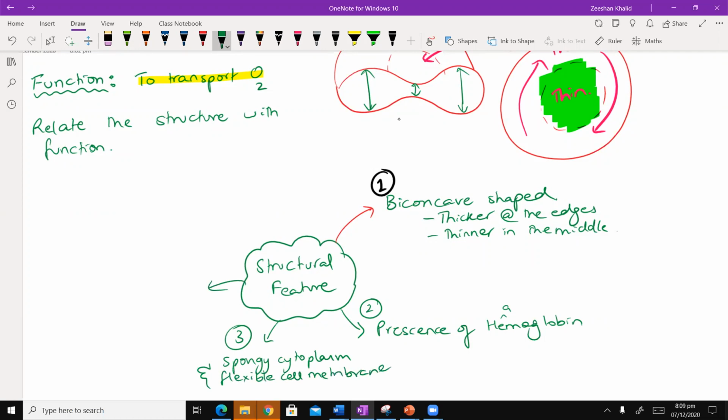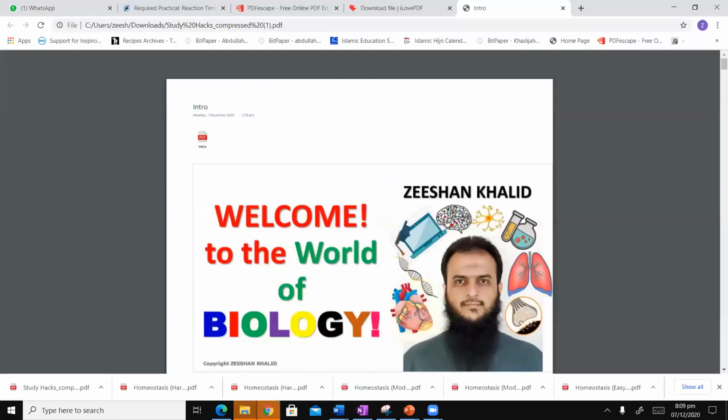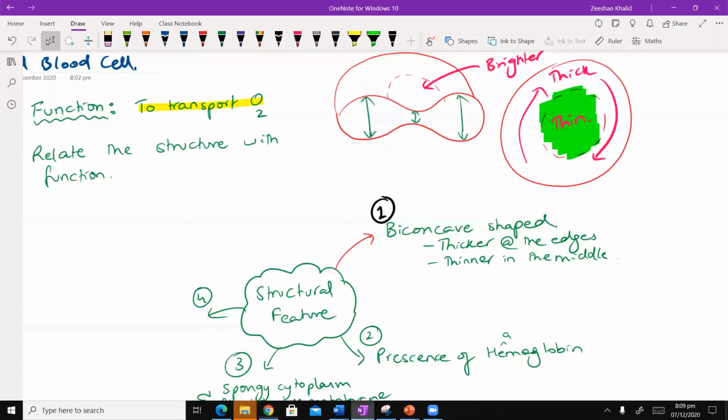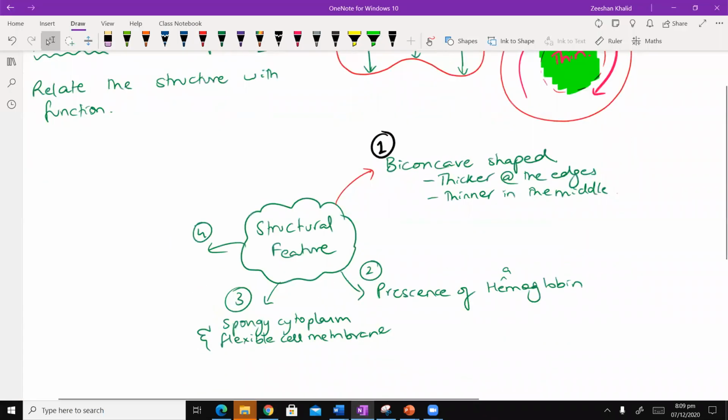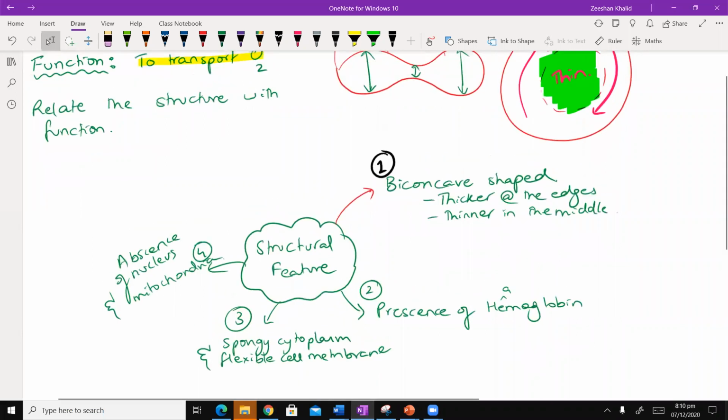Yet another feature of the red blood cell is the absence of nucleus. Okay. Apart from the nucleus, there is another thing that it does not have, and that is mitochondria. There's no mitochondria in the red blood cell. So these are more or less the features that we need to know about the red blood cell.